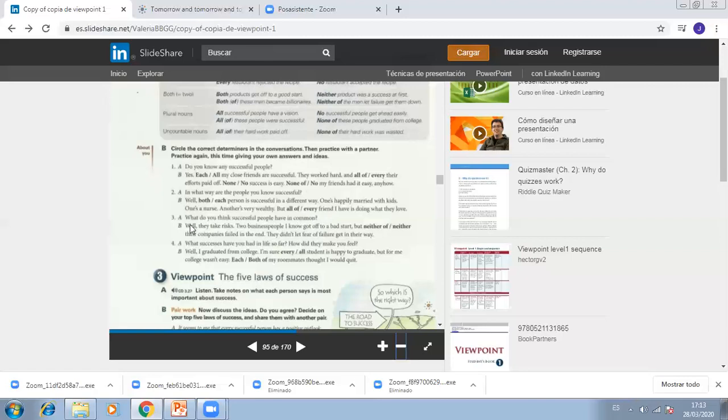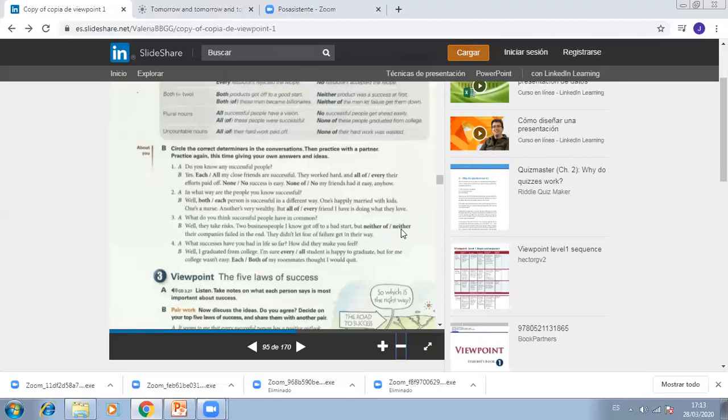And number 3: what do you think successful people have in common? Well, they take risks. Two business people I know got off to a bad start, but neither of the companies or neither company. So if you remember, when we are referring to plural nouns, sorry, what can be the alternative?